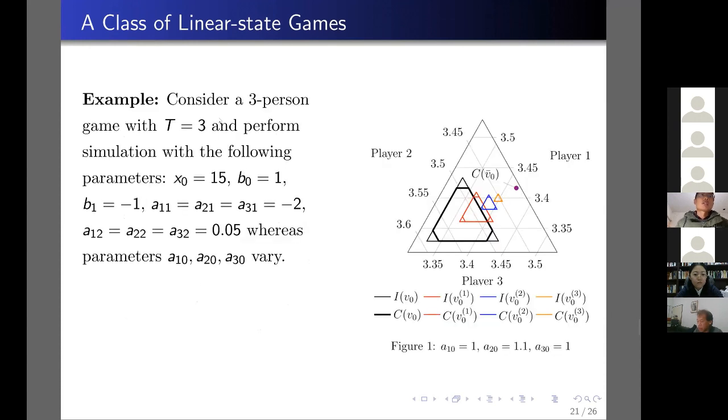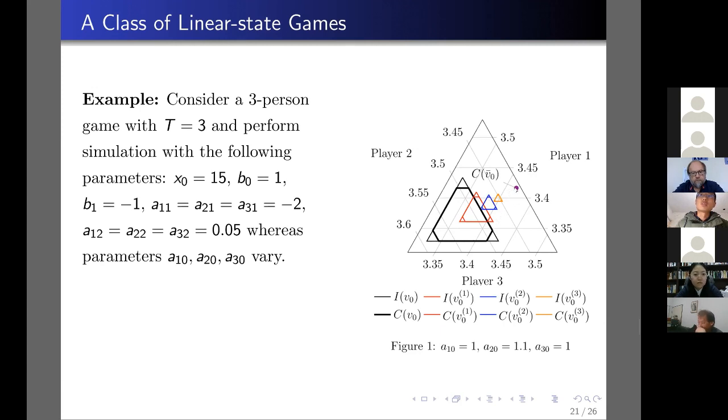Now let's perform a 3-person game and specify the parameters as follows. Only the parameters E10, E20, E30 vary. As you can see in Figure 1, the initial core, which is circled by the black borderline, intersects with the modified core, and the twice modified core is out of the initial core.